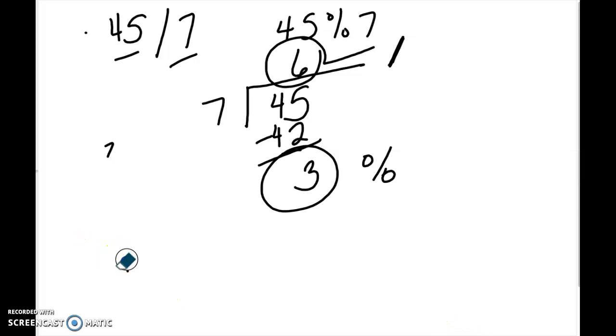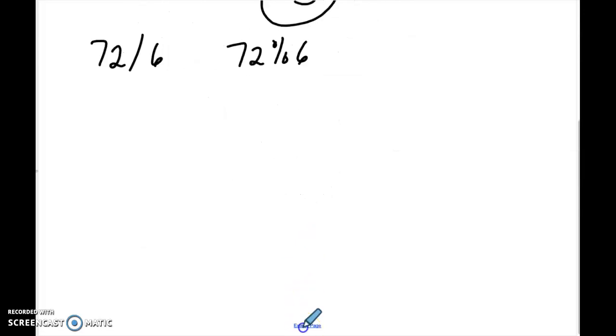Okay, so just quickly with a couple others. Let's try 72 divided by 6 and 72 mod 6. So when I do this, I take 6 into 72.